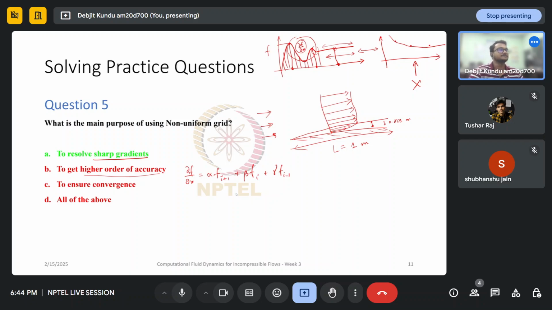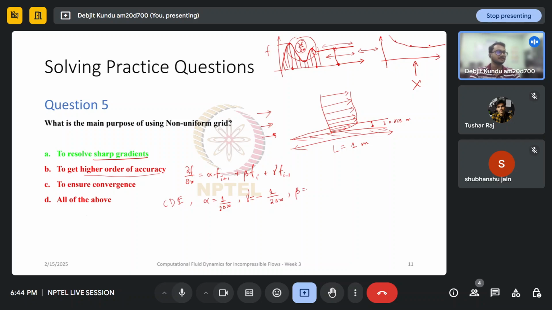The thing is, if you know these values, for central difference, let's say I had used alpha f i plus 1, then for exactly this case, with the central difference scheme, I know that alpha is equal to 1 by 2 delta x, beta will be minus 1 by 2 delta x, and gamma would be, sorry, beta will be 0.